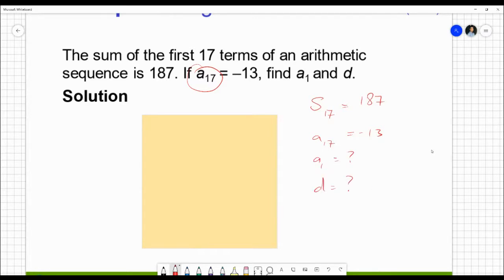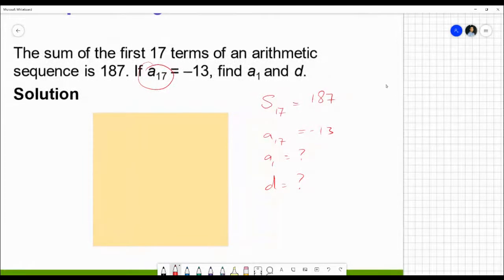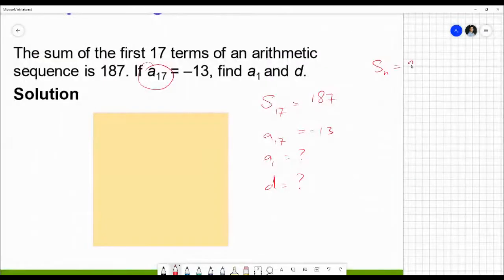All right, let's see what we have here. So let's look at the formula and see what we can fill in. So we know that Sn is equal to n divided by 2 times (a1 plus an). Let's see if we can plug it in and fill in as much as we can. We know S17 is 187, so write in 187 here. And our n value is given here, so 17 divided by 2.